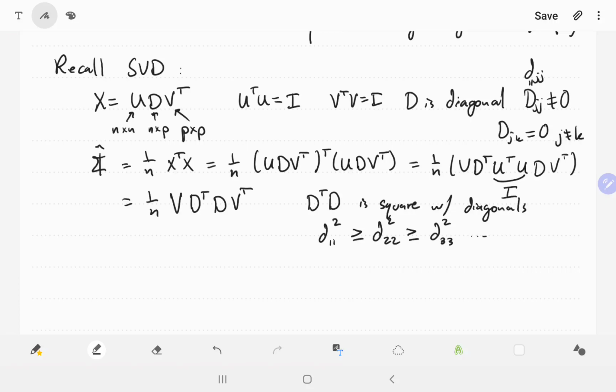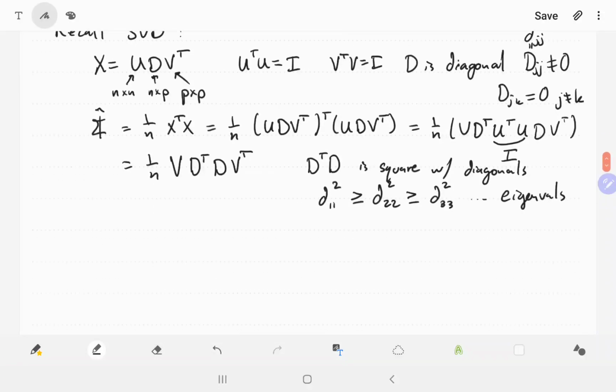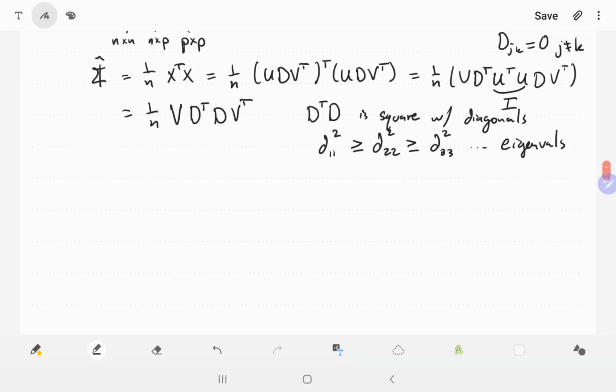Nothing about X changes if we rearrange this. And in general, our solvers are going to spit it out from largest to smallest. So that's how we can think about this. And these diagonals are the eigenvalues of sigma hat, the d_JJ squared.